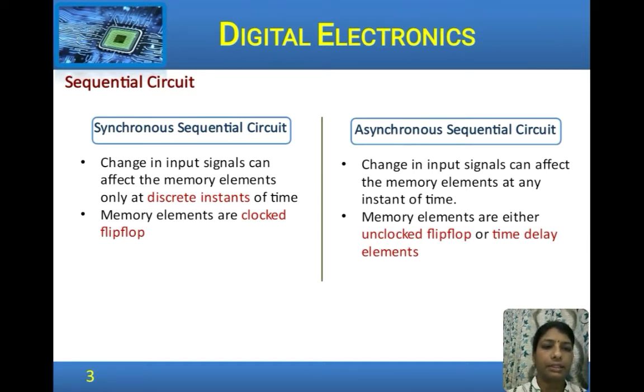That is, the circuit enters a wrong state due to time delay in the arrival of the inputs. Synchronous sequential circuits are easier to design, asynchronous sequential circuits are not that easy. But synchronous circuits are slower and asynchronous sequential circuits are faster in operation.